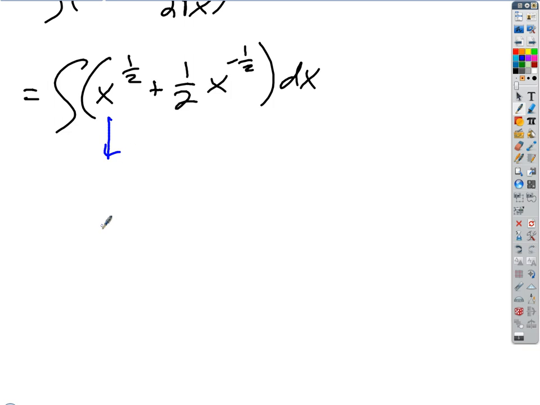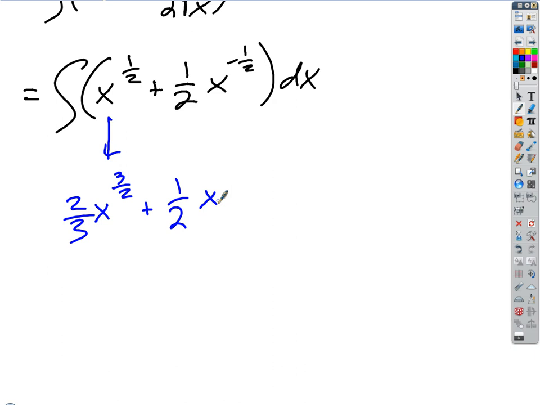So it's gonna be, n is 1/2, so our answer is gonna be x to the 3/2, right? n plus 1, 1/2 plus 1 would be 3/2. Divided by 3/2 would be the same as multiplying by 2/3, right? Okay. Plus 1/2 times x to the negative 1/2 plus 1.